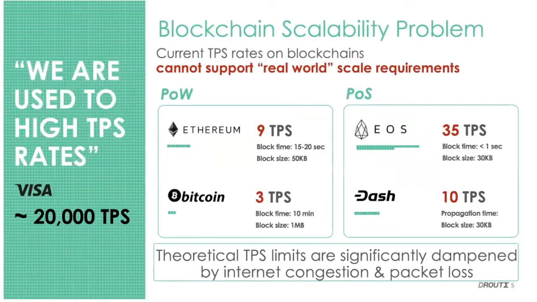Just a little bit about the blockchain scalability problem, which most of you are aware of, and I'm not going to spend a lot of time on it. Blockchain has a scalability problem. For the technology to be truly global and truly real, its TPS rates have to go up significantly.